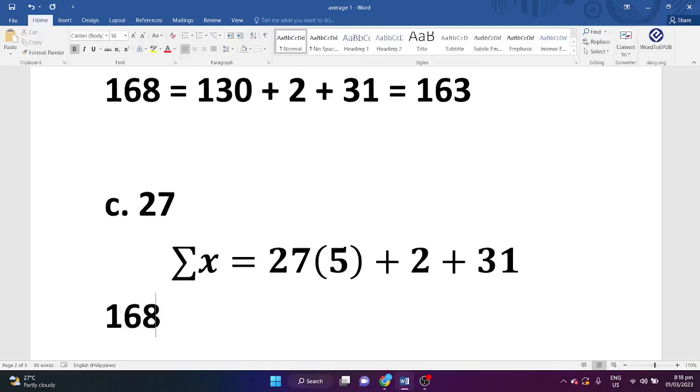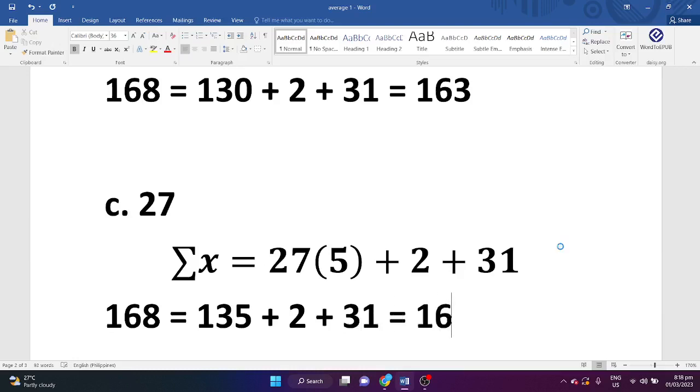Does it equal to 168? So let us take 27 times 5 is 135 plus 2 plus 31, and indeed this is equal to 168.